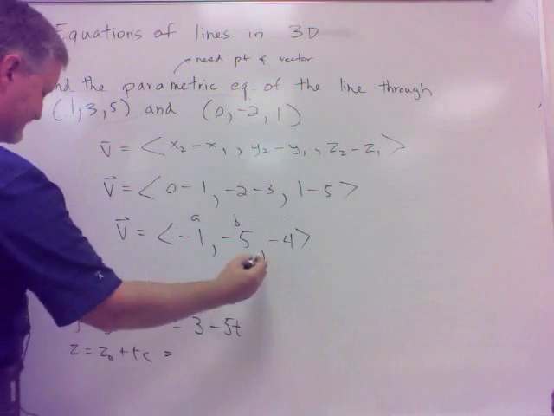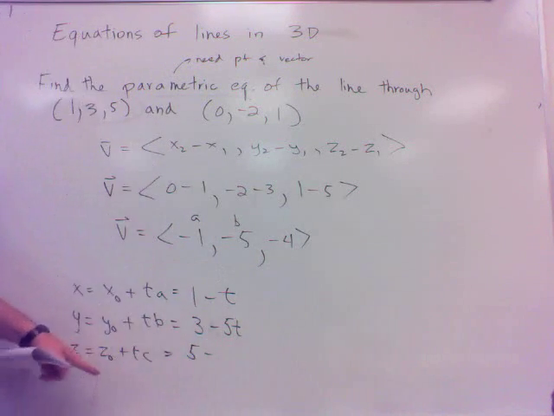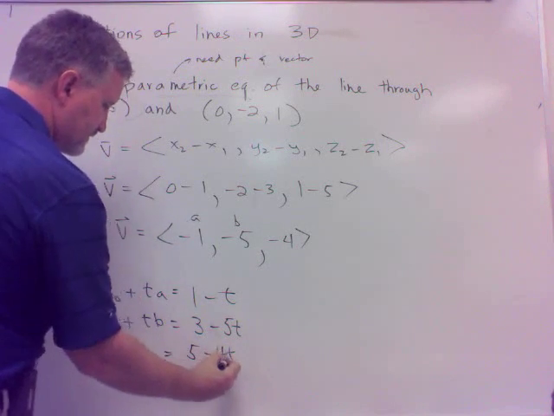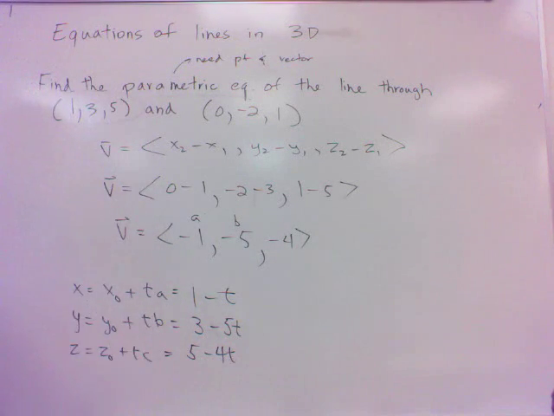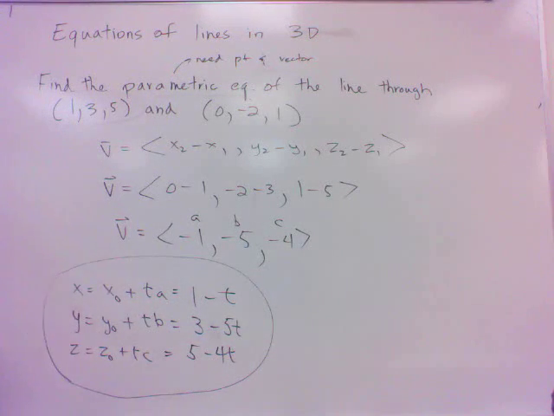And then z0 would be 5 minus 4t, since c is negative 4. Okay? So that would give us every x, y, z point on the line.